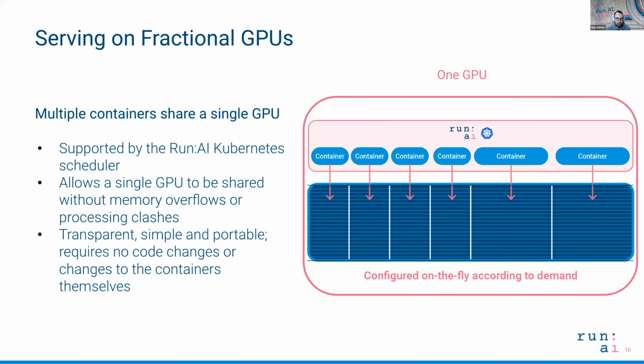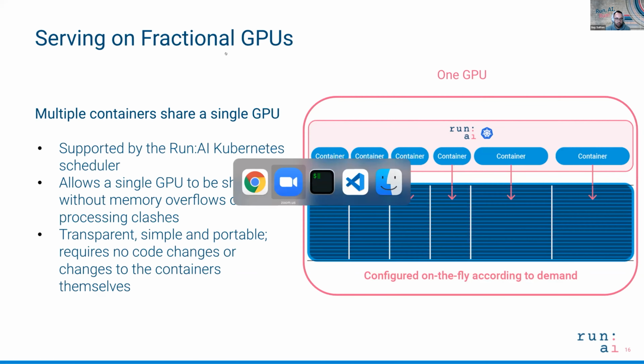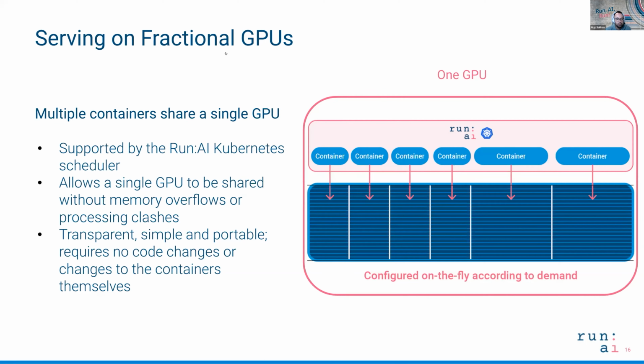And you can fraction the GPU into any number of slices. And the beauty is that it does not require any hypervisor, any code changes, any configuration changes, any image changes, nothing at all. So let's see how this works. I think we have time for a quick demo.